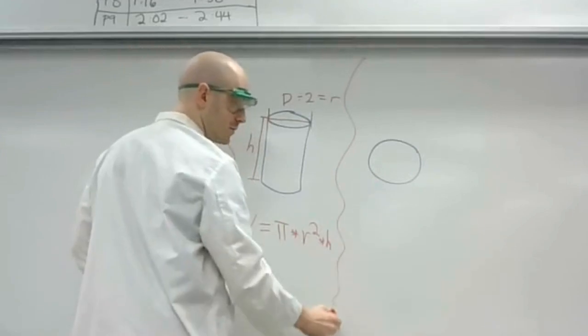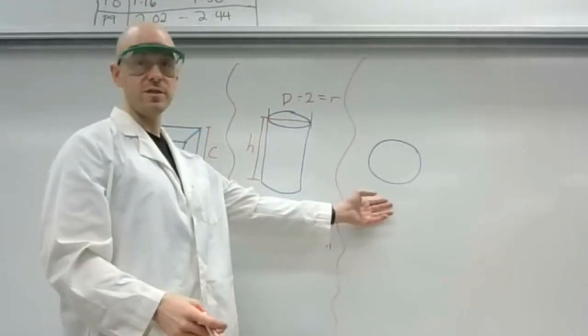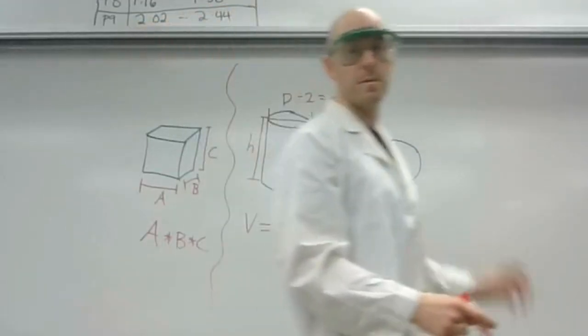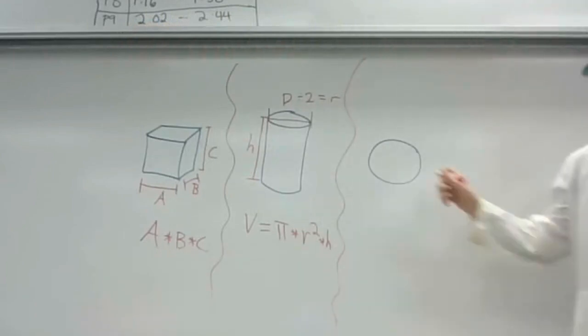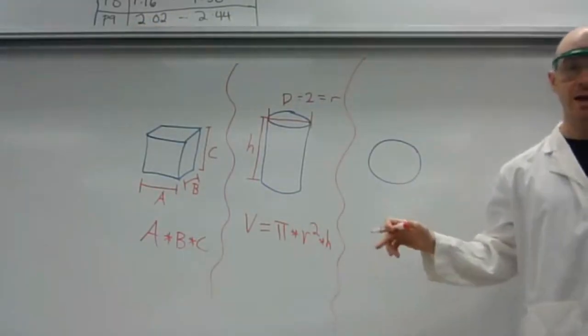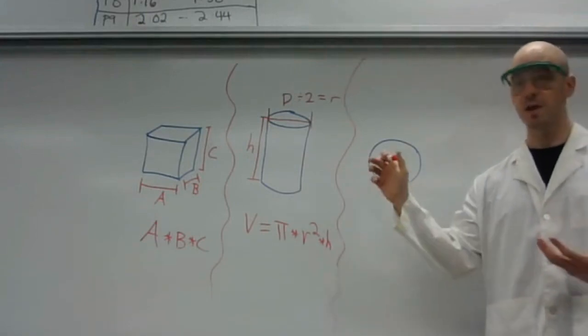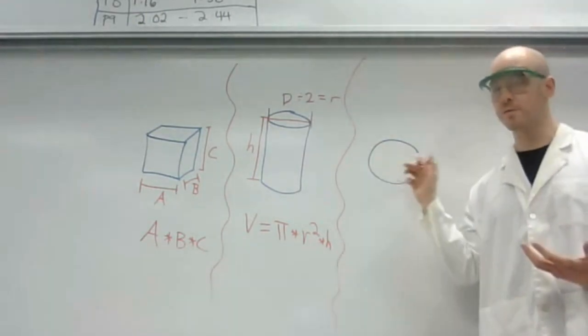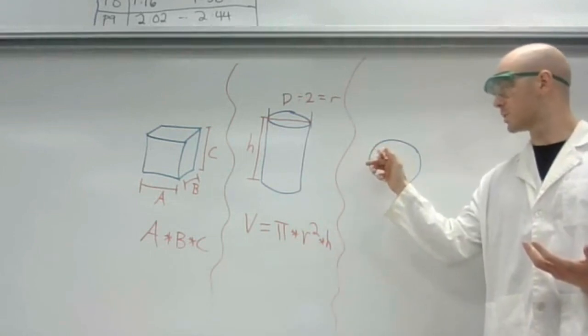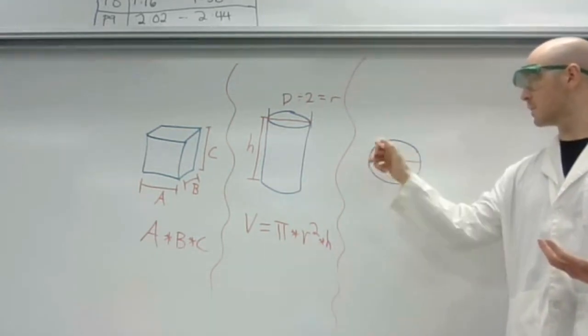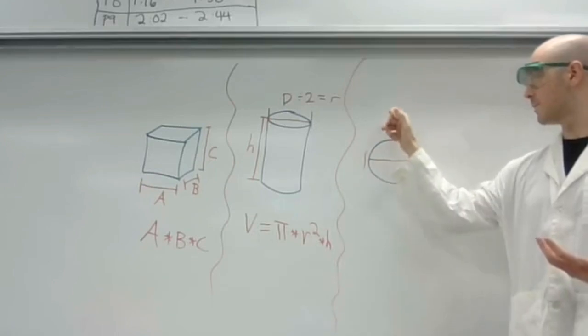And our last object is going to be a sphere, as shown by this circle on the board. For a sphere, we again need that diameter, and diameter for a sphere can be a little bit difficult to measure. You really have to measure at the widest part of the sphere to get that diameter.